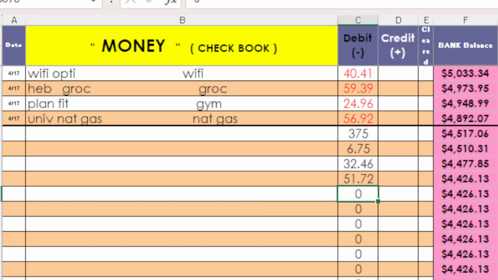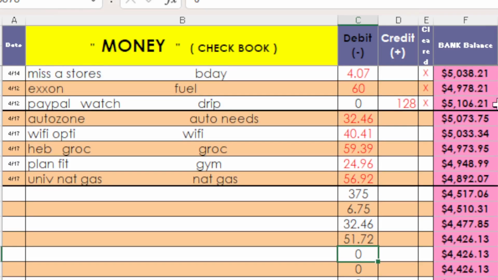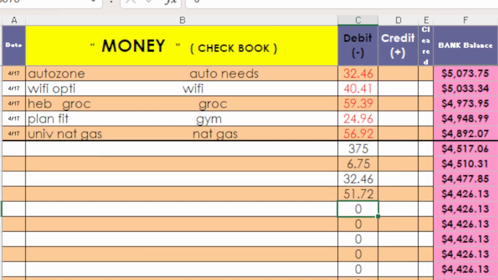So the next entry after that 51.72 is 59.39, and I already entered that one, because I see the 59.39 up there. Let me bring that down a little bit more so we can see the ones that I did already, and at the same time see the ones that I'm entering. So it'll all show on the screen.